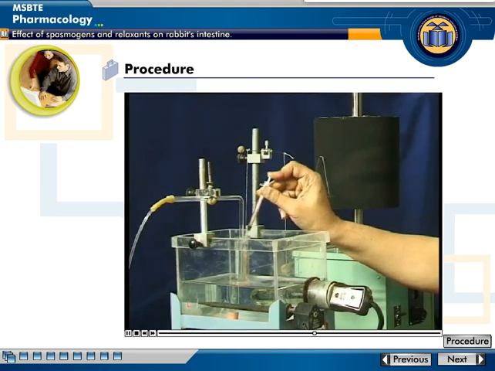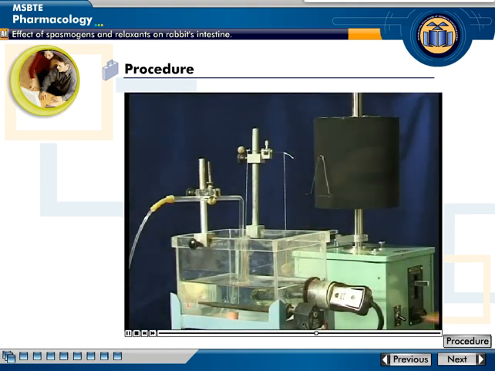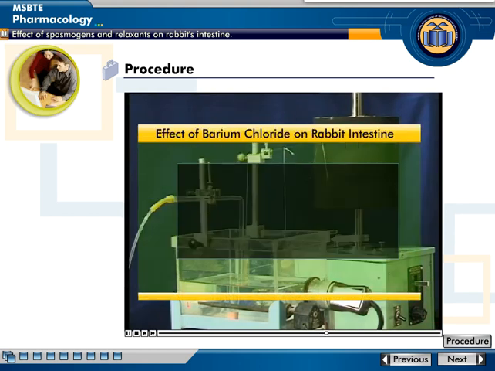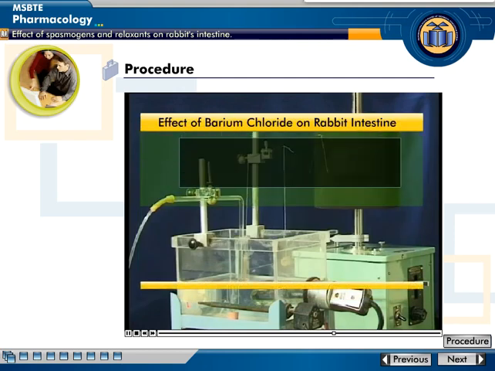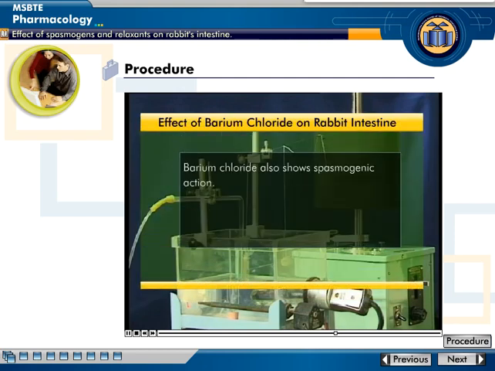Now inject 0.1 ml of stock solution of barium chloride and record the response. You will observe increase in tone and force of contraction as evident in the tracings. Therefore, we can say barium chloride also shows spasmogenic action.